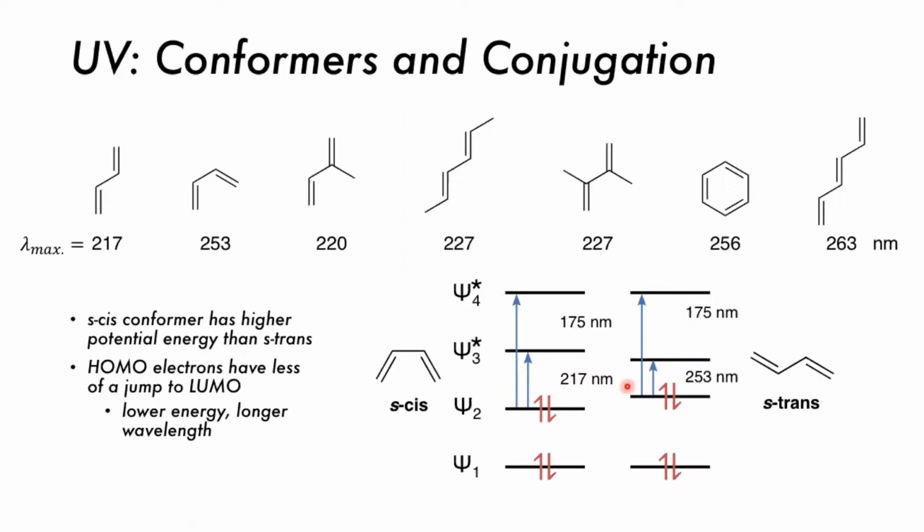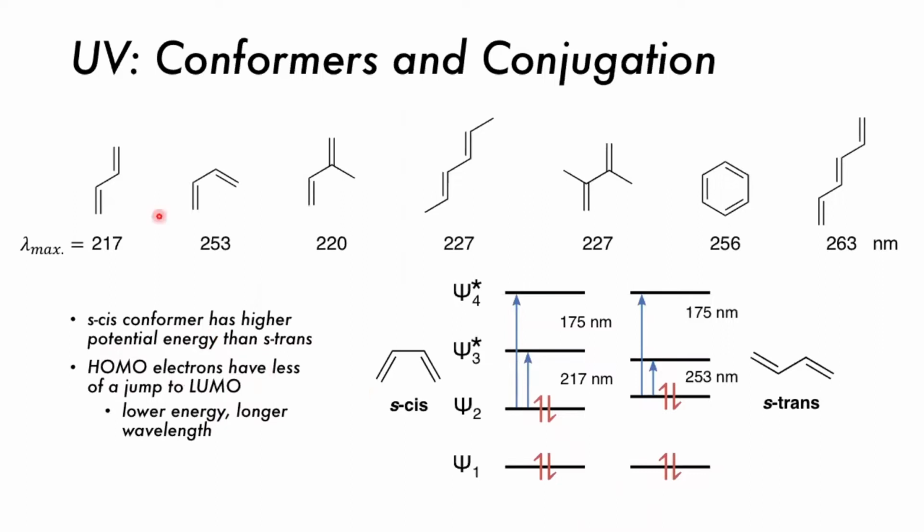And what we see is that the transitions shift to longer wavelengths, and we end up with a rather nice decrease in energy between the HOMO and LUMO. So the HOMO electrons have less of a jump to the LUMO. Lower energy means longer wavelengths. And so the S-cis conformer has higher potential energy than the S-trans.